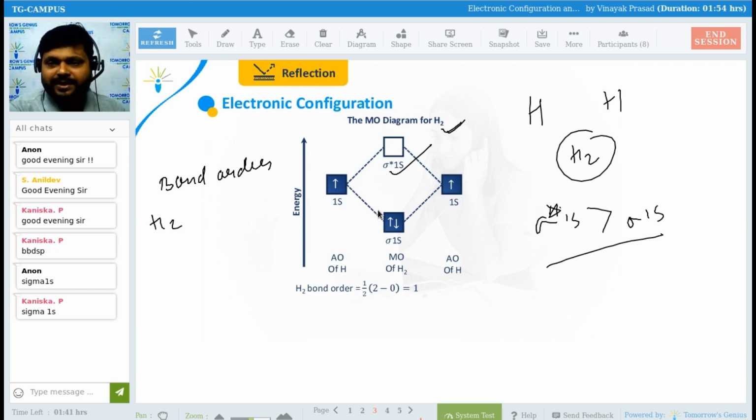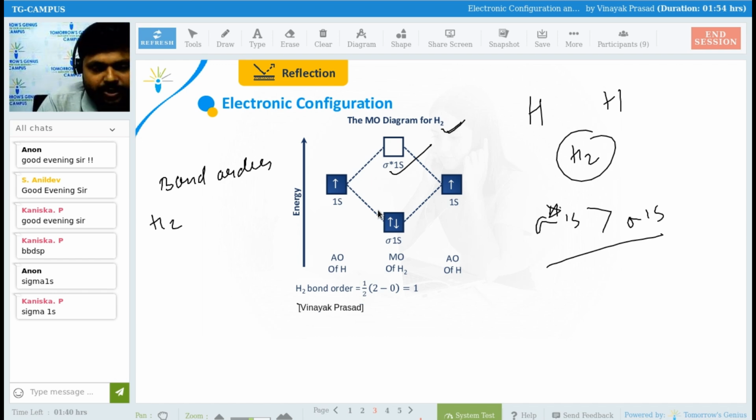So what is the bonding? See here. If I ask you about the H2 molecule, what will the bond order be for this? Although we will learn these things in the later part of the class, it is the number of bonds.